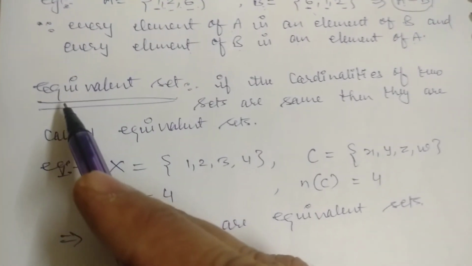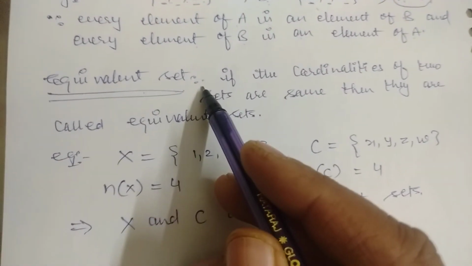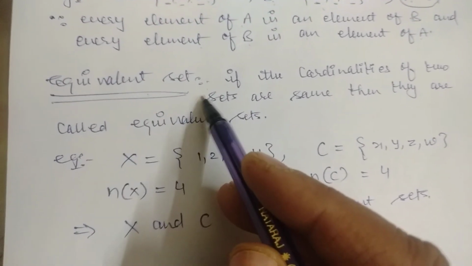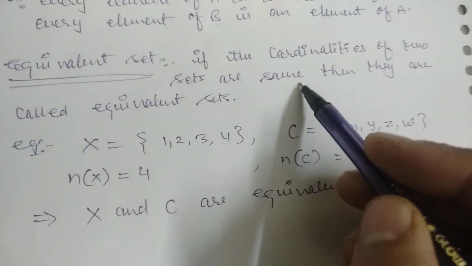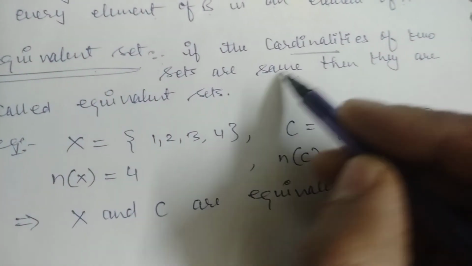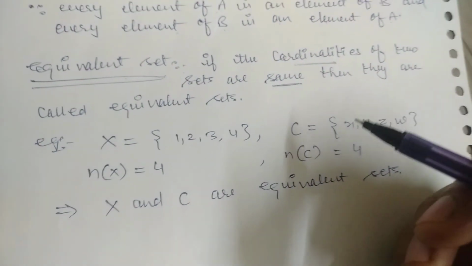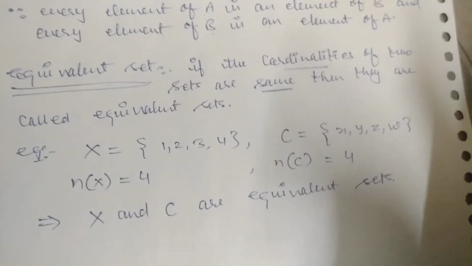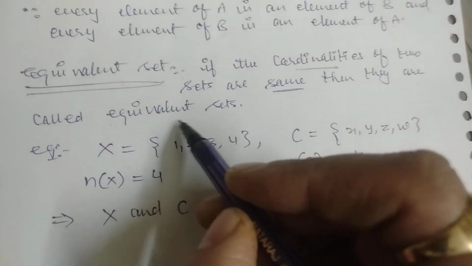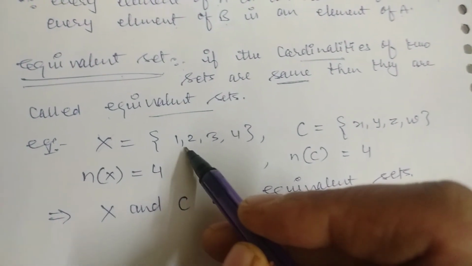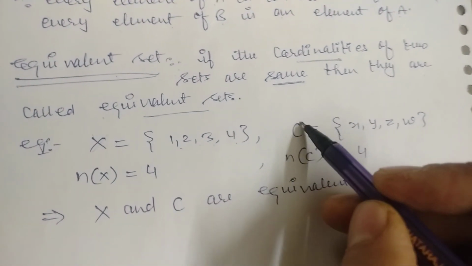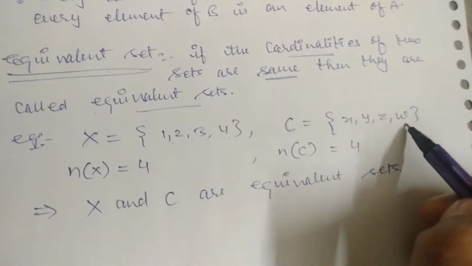Okay. Now the last thing of today is the equivalent set. What is an equivalent set? If the cardinalities of two sets are the same. अगर दो सेट्स, two sets are having the same cardinal number, then they are called equivalent sets. For example, suppose we have a set capital X equal to 1, 2, 3, 4 and a set capital C equal to x, y, z, w.